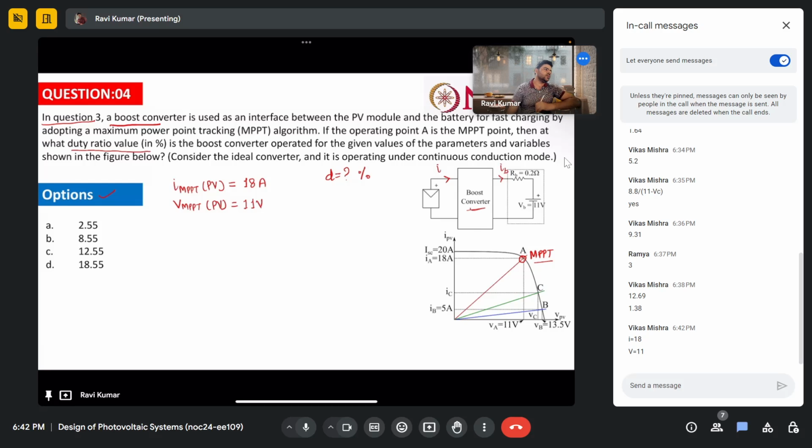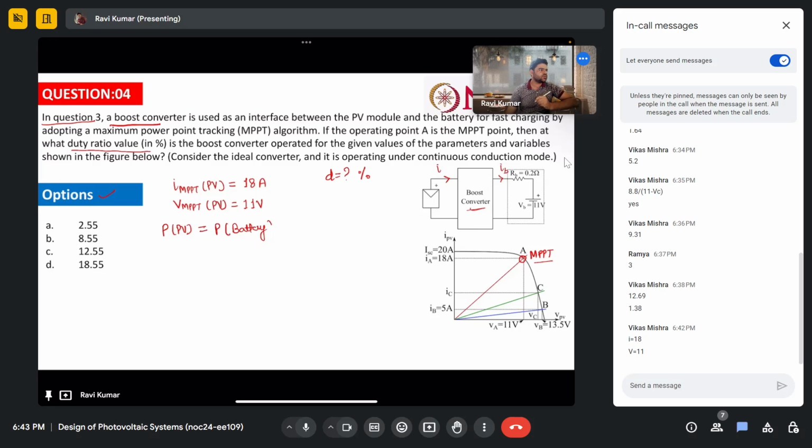So we know that power will be the same before the boost converter and after the boost converter. So power towards the PV side will be equal to power towards the battery side.